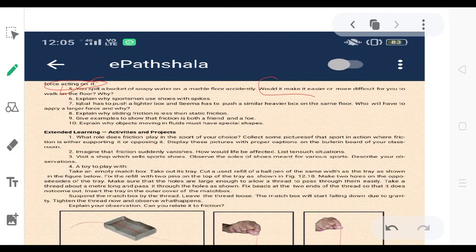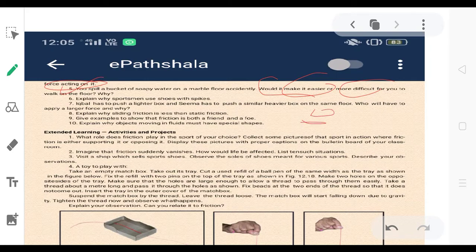So it would be difficult to walk on the floor. It would be difficult if you spill a bucket of water on the marble floor because it reduces the friction between the ground and the feet.